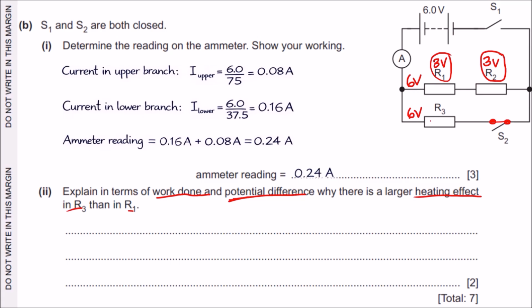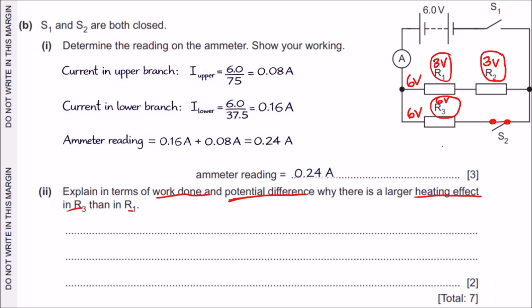In this branch we have 6 volts as well, but all of them are applied across R3. So R3 has a higher voltage applied across it. Since it's a single resistor in the branch, it's not sharing it with another resistor.